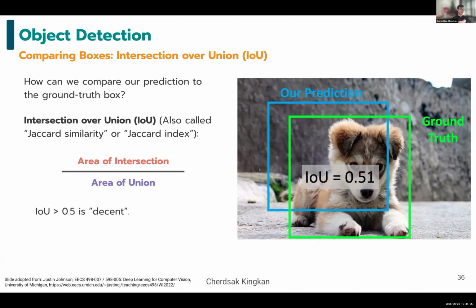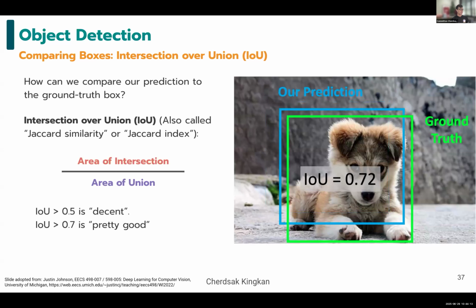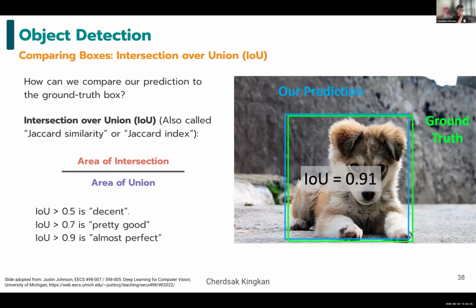So if the IOU is roughly about 0.5, that is 50%, we call that decent. And if the IOU is greater than 0.7, that could be very high overlapping, so we call that pretty good. And if the IOU is greater than 0.9, it would be almost perfect, all right?